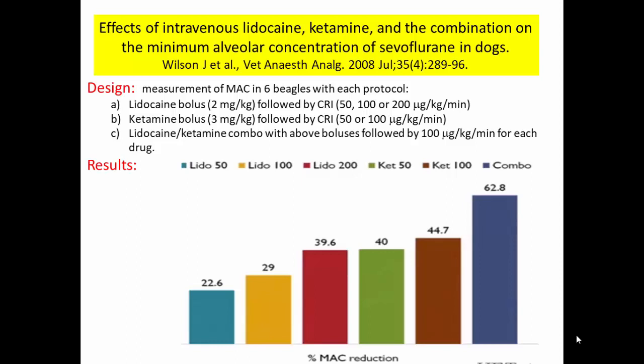And as you can see on the lower graph, the combination of the two drugs decreased the minimum alveolar concentration of sevoflurane by 62%. And also notice that both drugs were initially provided as a bolus, and then they were followed with a constant rate of infusion, CRI. And this is done to keep concentrations steady during the entire anesthetic period.